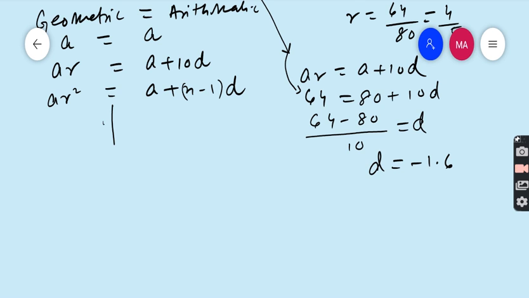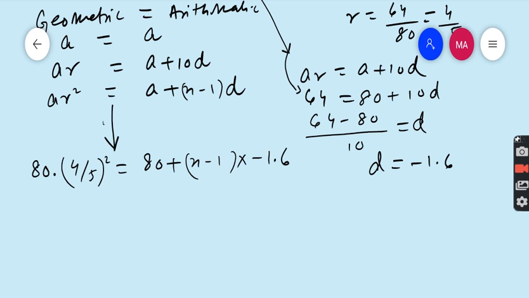Now use this equation, ar square. a is 80. Dot means multiply. r square, 4 upon 5 square. a is 80 plus (n minus 1) into d, minus 1.6.